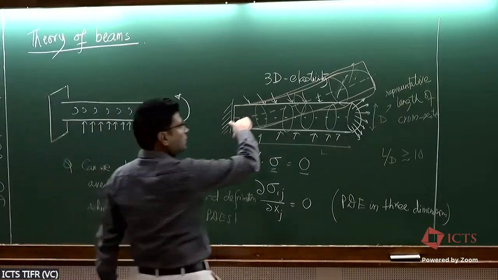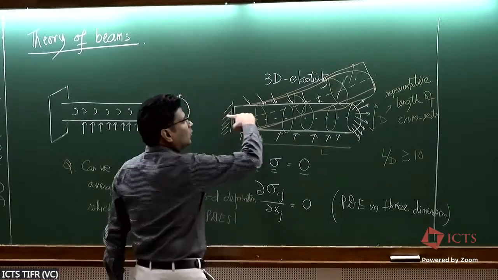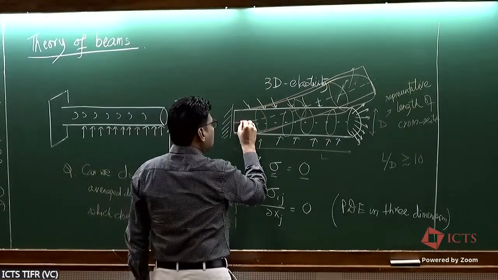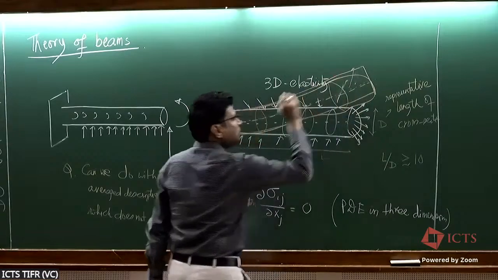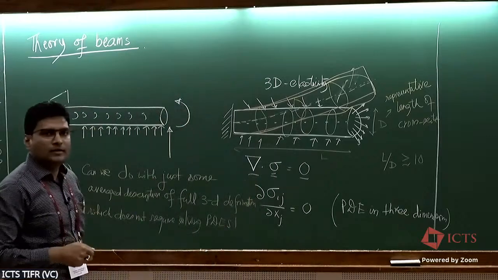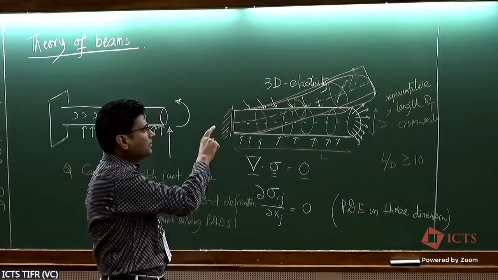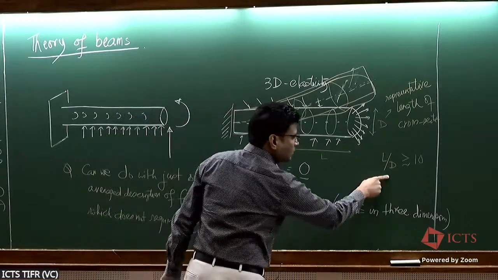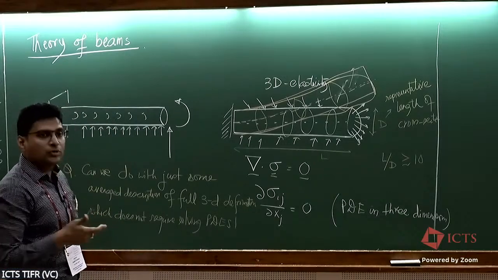Instead of the actual orange shape, how about approximating that with a pink shape, where the center line would sort of match with the actual orange line. And also the orientation, you can see that it is sort of matching. There is an error, of course, with the actual description. But as we said, that error is insignificant, or it becomes more and more insignificant as L by D gets larger and larger. So, that's why the beam theory is successful.